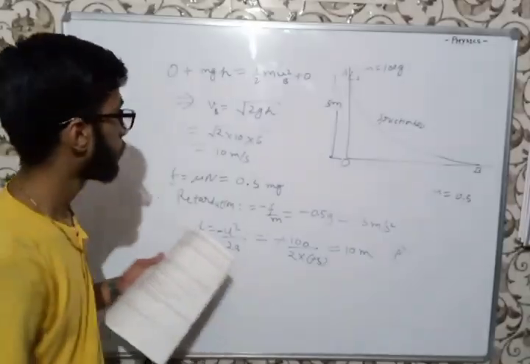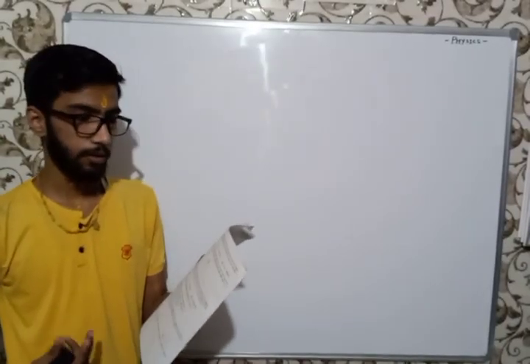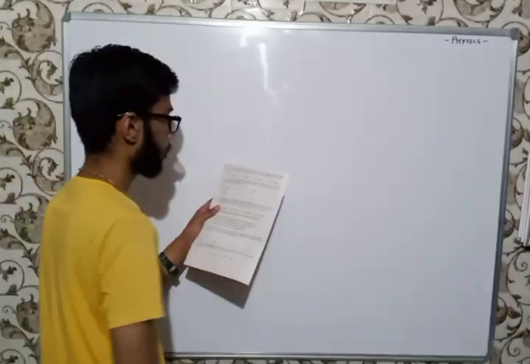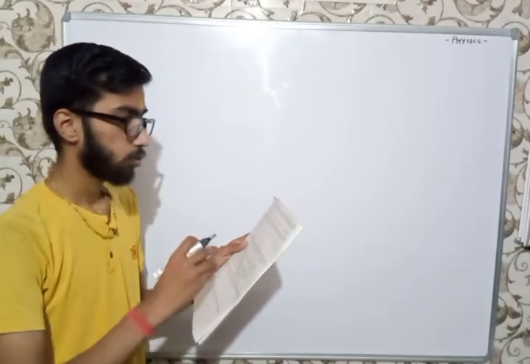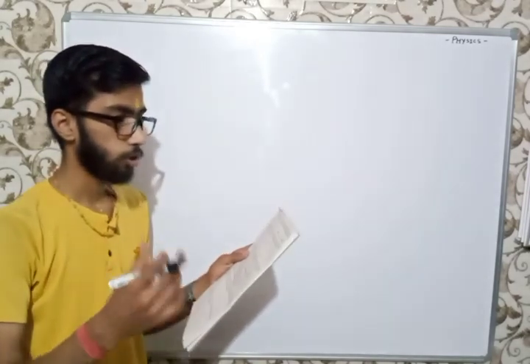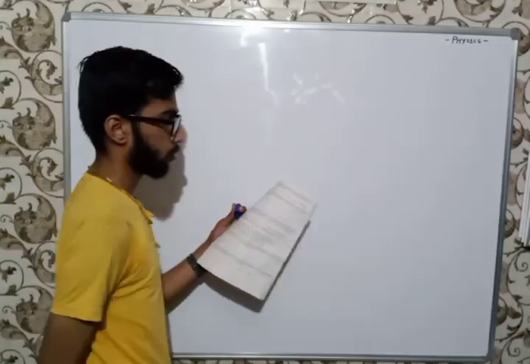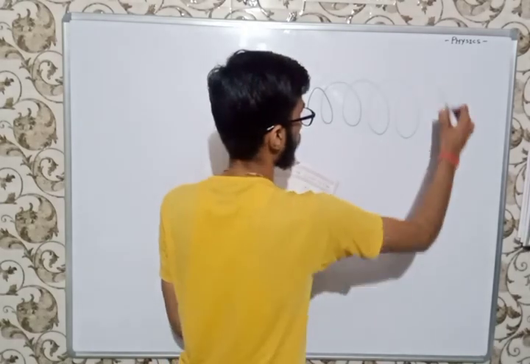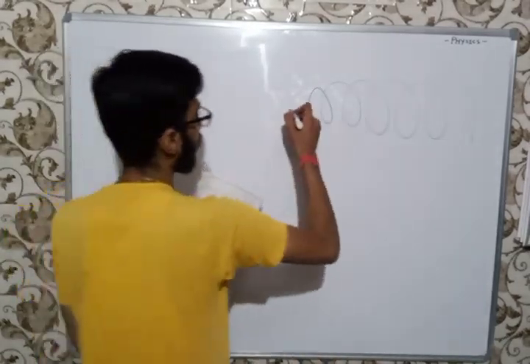The next problem. Due to insufficient time, I will cover this portion very speedily. So try to understand. There is a wire of infinite length which is passing through the axis of a solenoid of infinite length and radius 1 centimeter. So there is a solenoid like this, and a wire is passing through the axis of the solenoid.